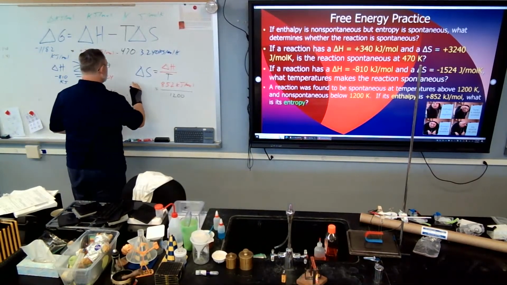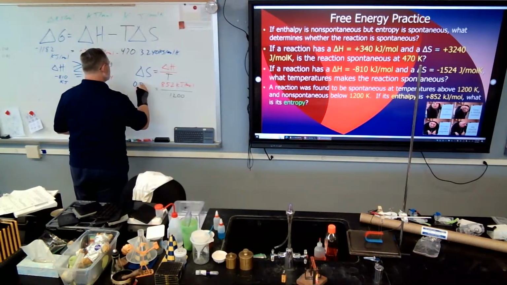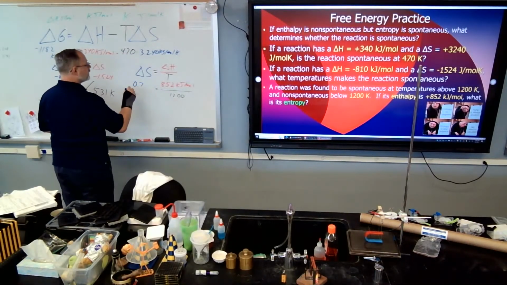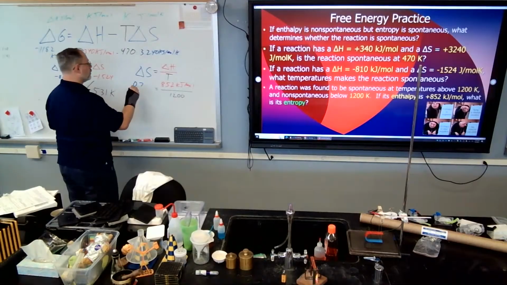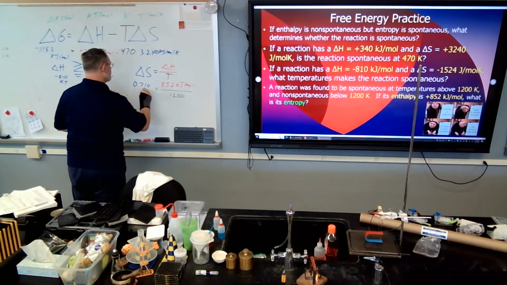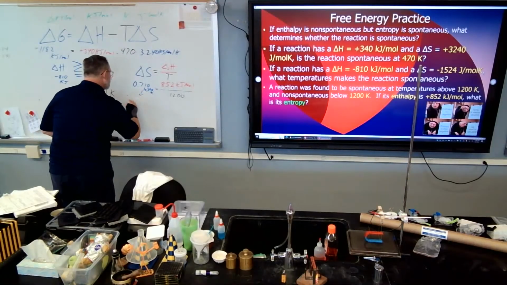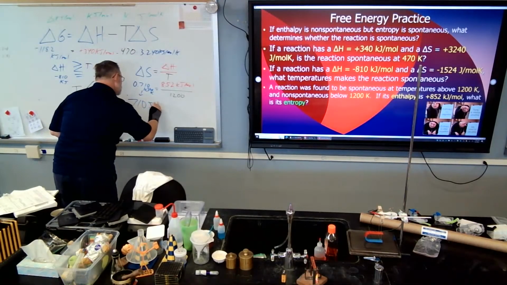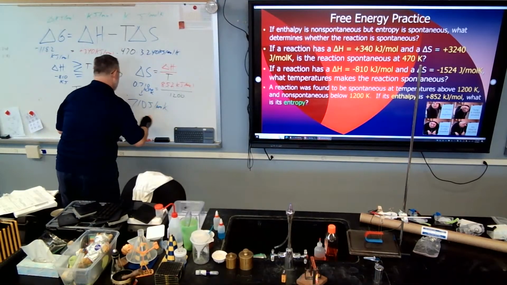So you got a value of 0.7 something to begin with. 710? Yeah. And that's going to be in kilojoules per mole Kelvin. And then you're going to turn that into 710 joules per mole Kelvin.